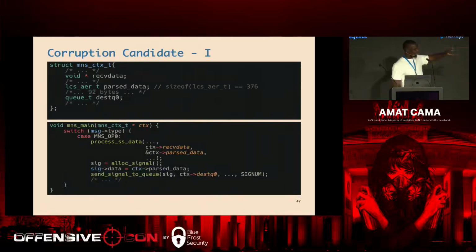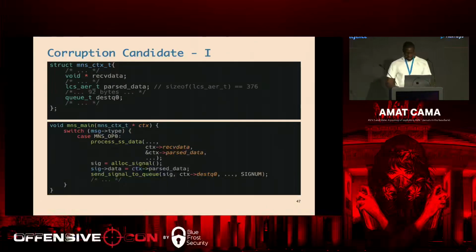You basically have the parsed area event data, and a little below that you see this thing I called a QT. It's basically a pointer to some other task's queue that this supplementary services task will use to send a message to that task.